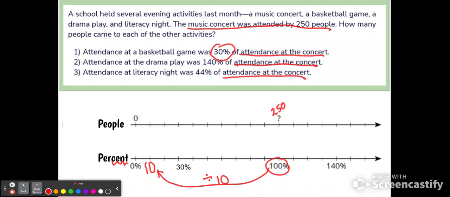Because it's an equivalent ratio, I have to do the same on the top. 250 divided by 10 is going to get me my answer to 10%. We've done some problems earlier where we had to divide numbers by 10. Remember, we had that mental warm-up, and we quickly figured out that dividing a number by 10 means that I adjust the decimal place one place value to the left.